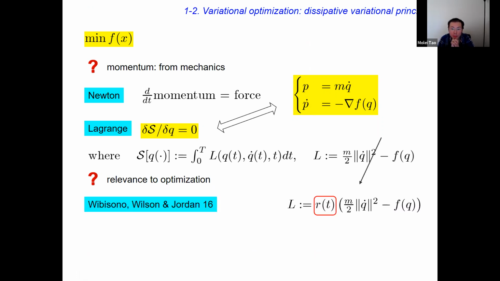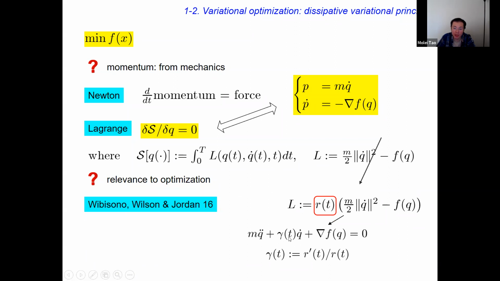In fact, if you break this time translation invariance, if you make L time dependent, then the story changes. And in a beautiful paper by Wibisono, Wilson, and Jordan, they constructed an explicit time dependence by multiplying the original Lagrangian by some explicitly given time-dependent scalar factor. And then you can prove very easily that the corresponding Euler-Lagrange equation has an additional term, which is a frictional term.